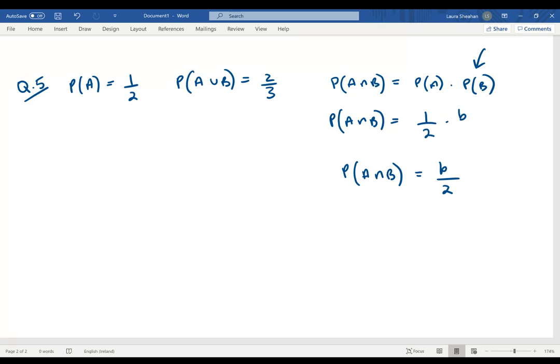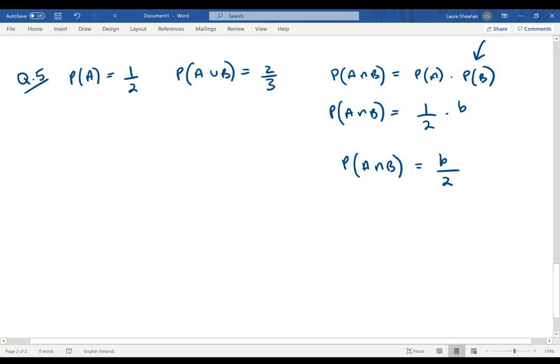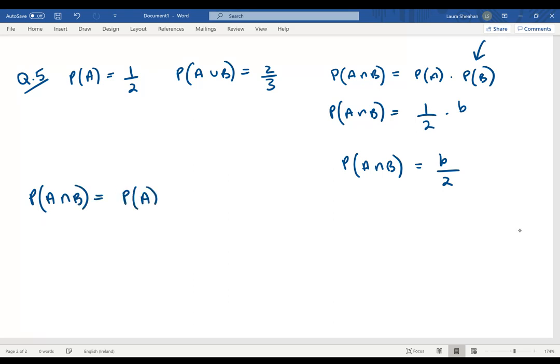And I also know that the probability of A union B is equal to the probability of A plus the probability of B minus the probability of A intersection B. And I'm given all of these. I've got 2/3 is equal to 1/2 plus b minus b over 2.